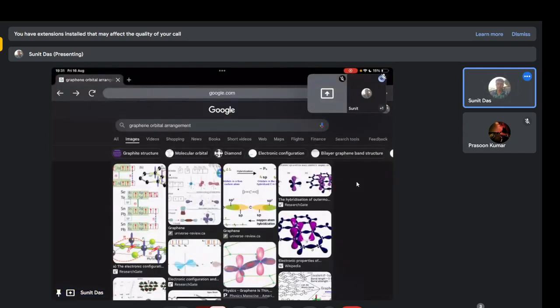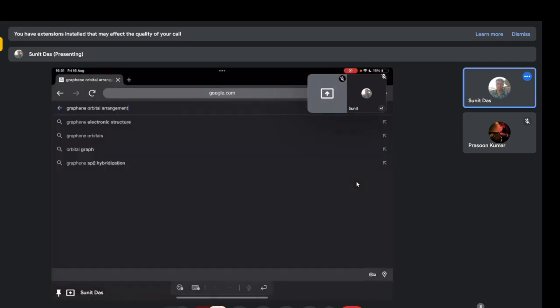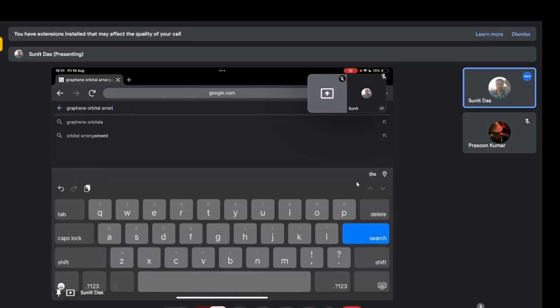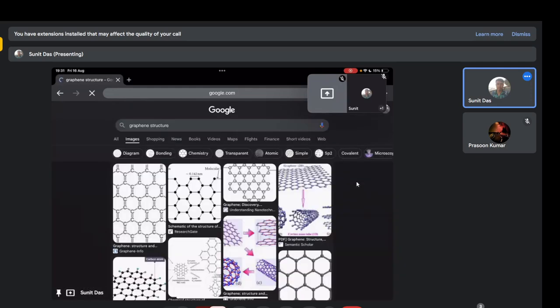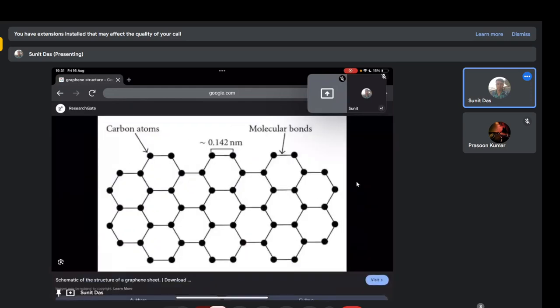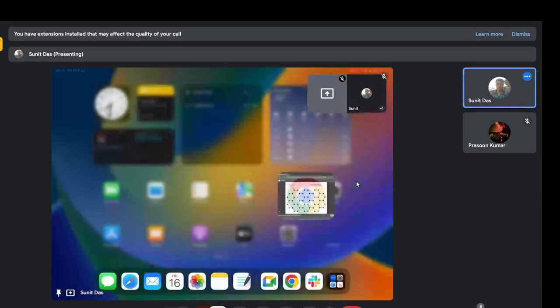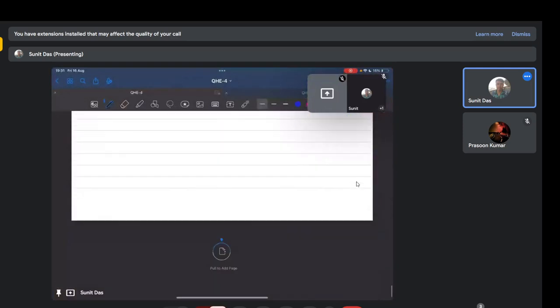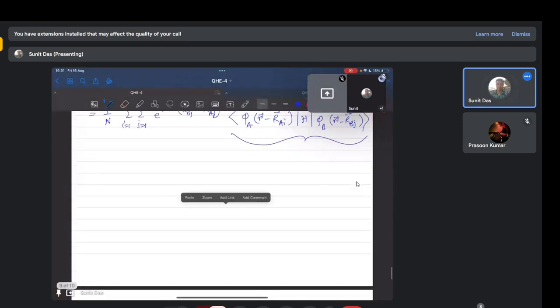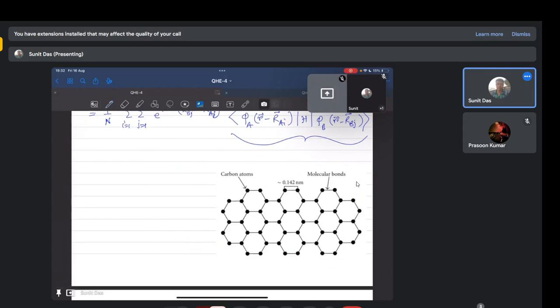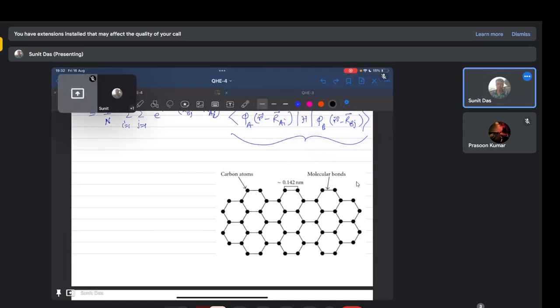Okay, this doesn't have identification of A and B, so this is, let's say, A. All circled are A, and the rest are B basically.